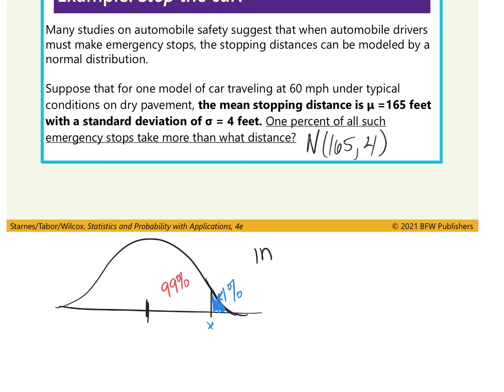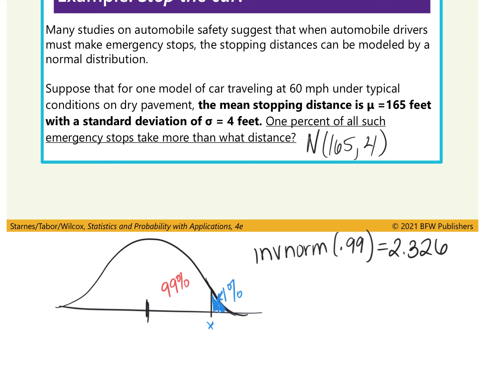So we're going to do inverse norm 0.99. I get 2.326. Make sure you get that from your calculator, inverse norm 0.99.